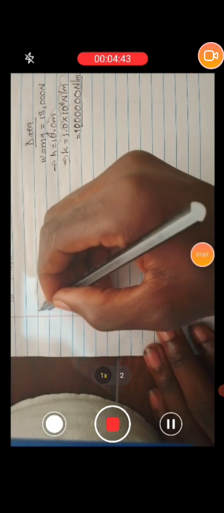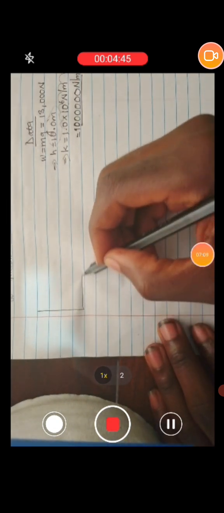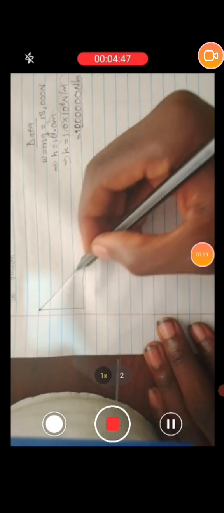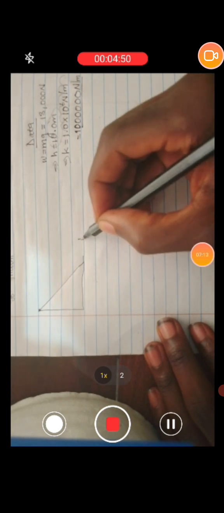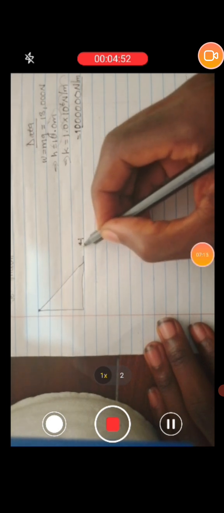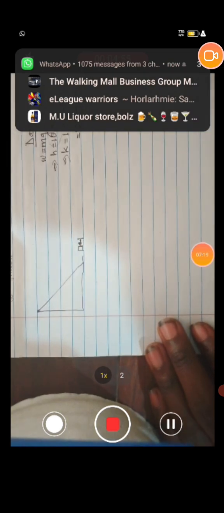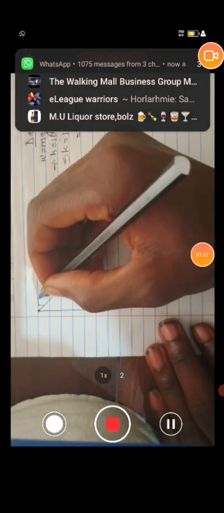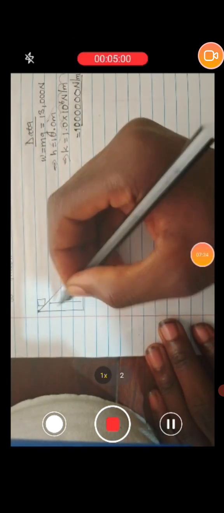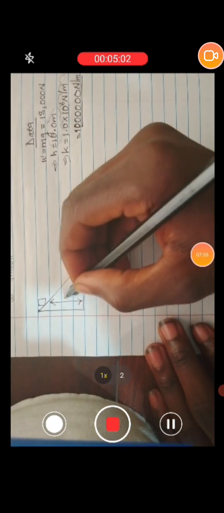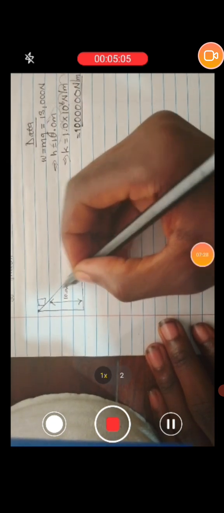So now let me draw a diagram, since that one I've removed. So here is the spring. Then the car is here. Then you have the height of the cliff, which is 10.0 meters.